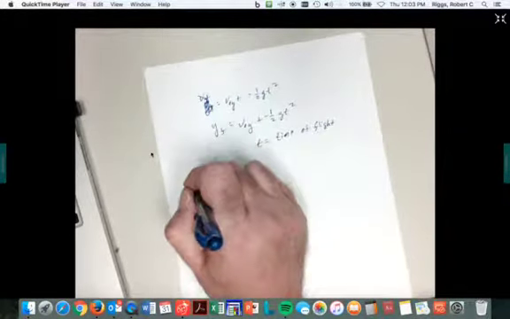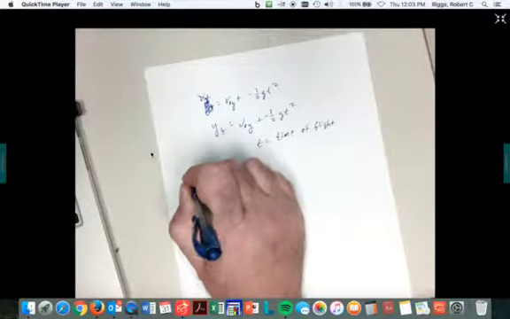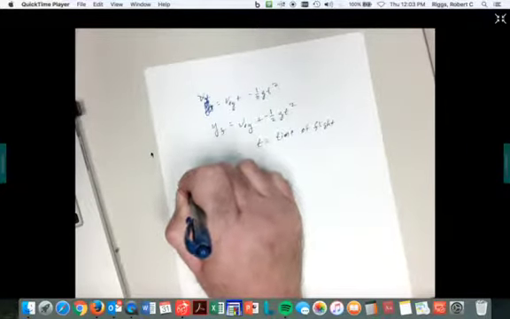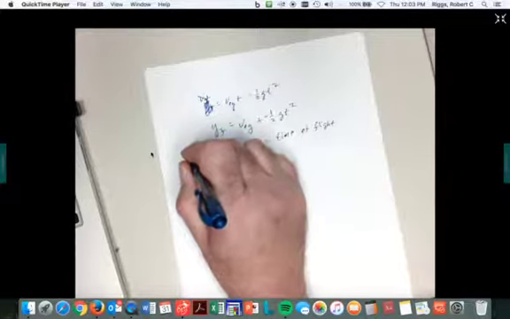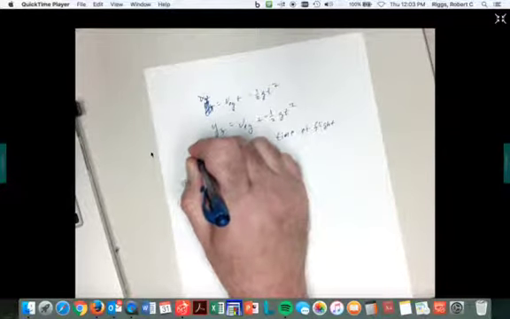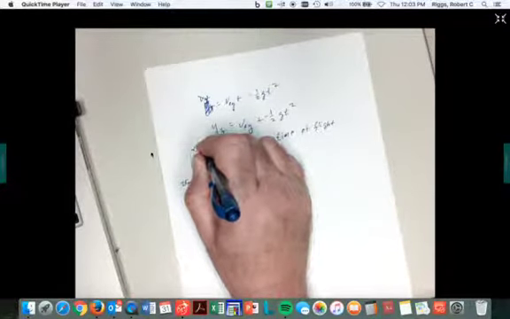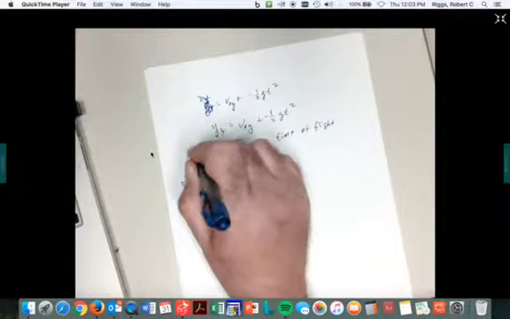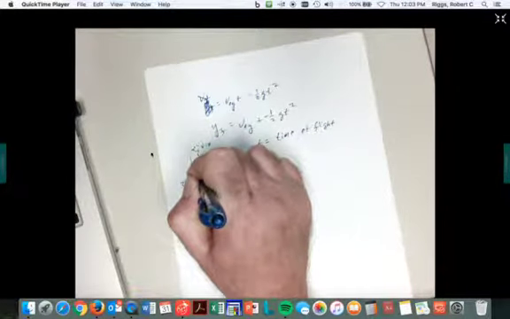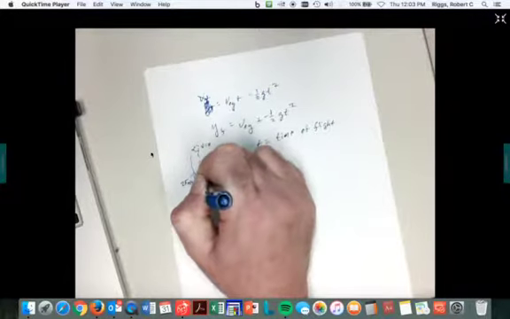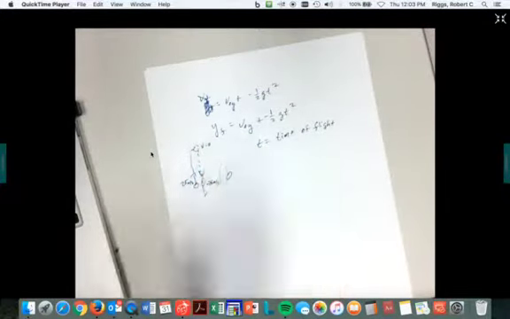I threw it up at 25 meters per second. It goes all the way up here, and this is where V equals 0. Then it comes back down, and right when I catch it, it has a velocity of minus 25 meters per second. All right, so that's what I calculated.